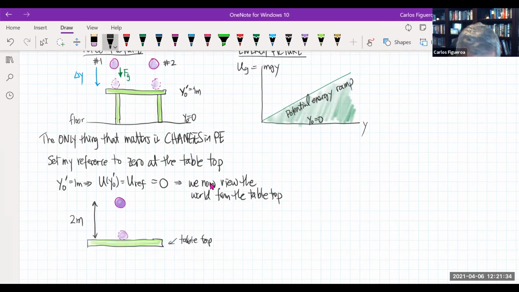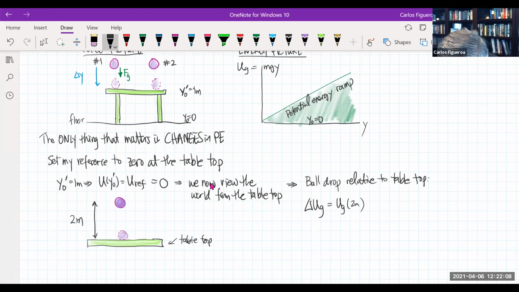Well, if I view this from this world here, the ball drop relative to tabletop looks like this. My change in potential energy of gravity is going to be my potential energy relative to the 2 meter mark minus my reference potential.